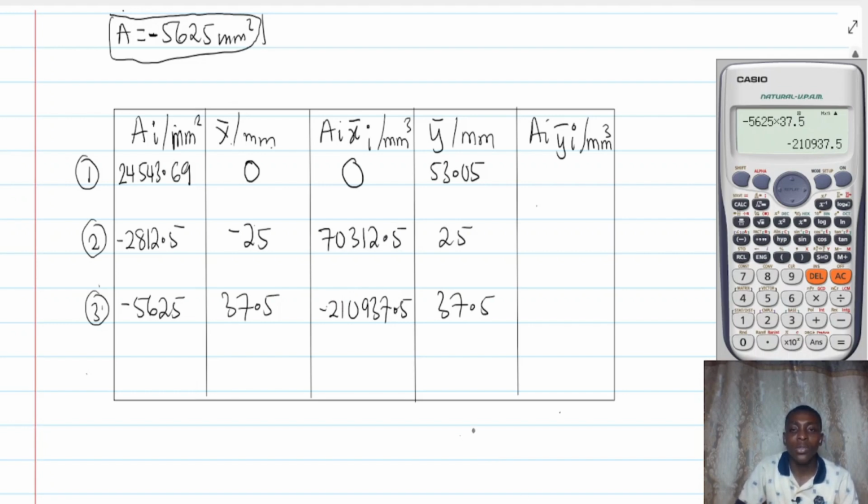Okay. So at this juncture, we would have to do A_i y bar_i. Let's do that together. So doing A_i y bar_i is going to be 24543.69 multiplied by 53.05.